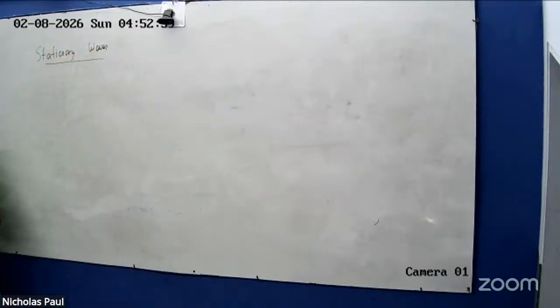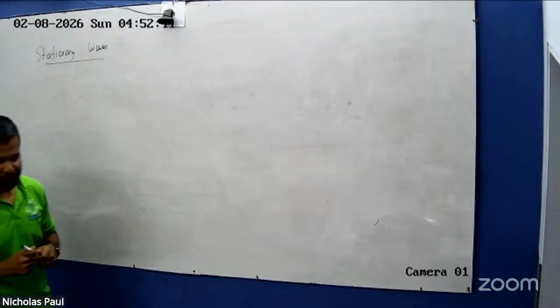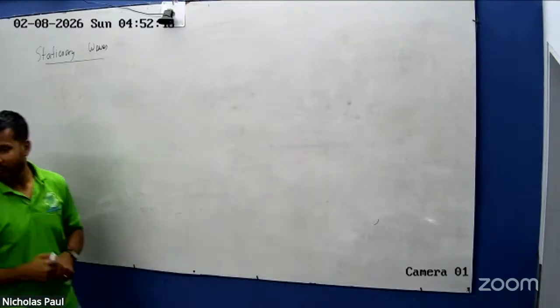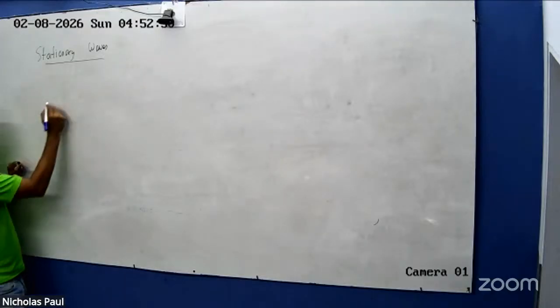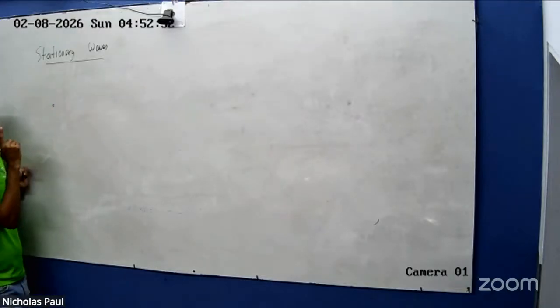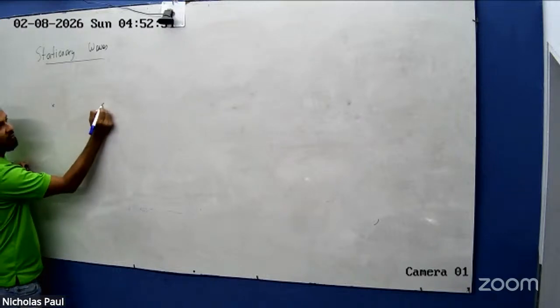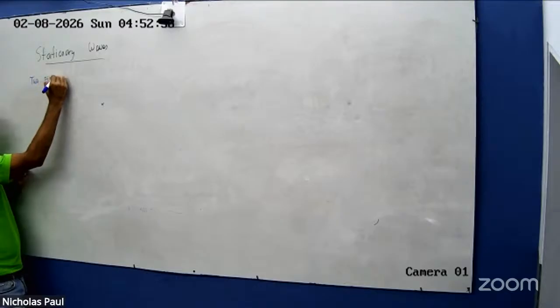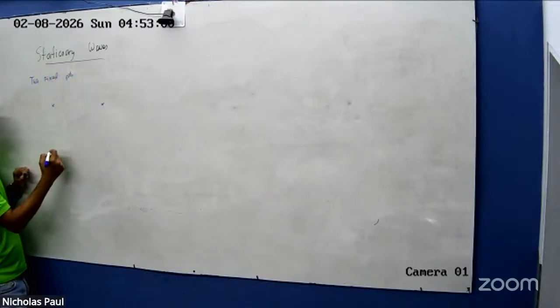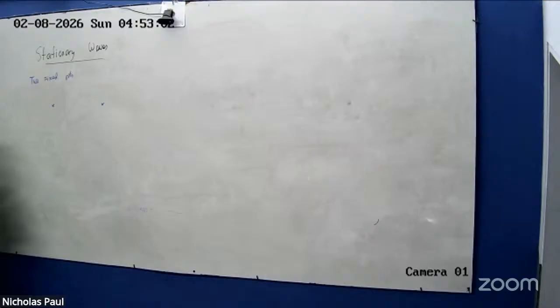So watch here. I'm going to give you three examples of stationary waves. Whenever we have two fixed points, what you will observe might be a little hard to see on that particular one.